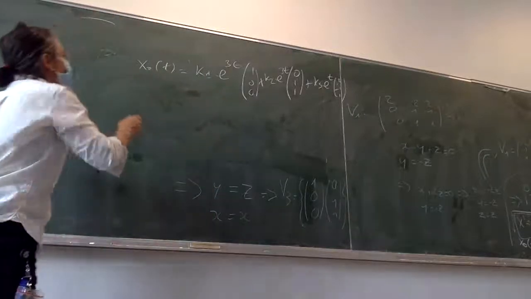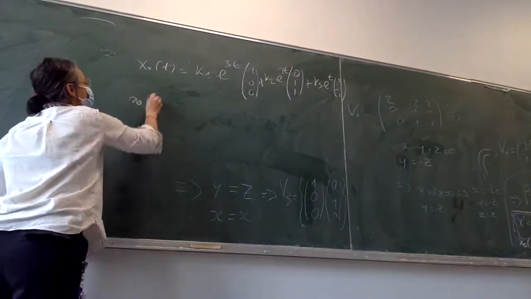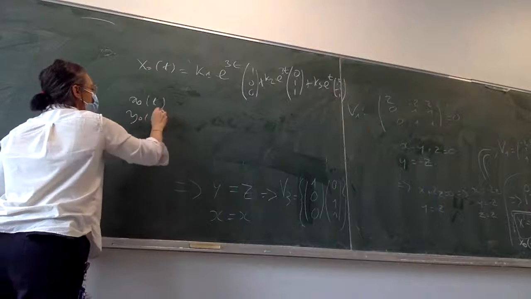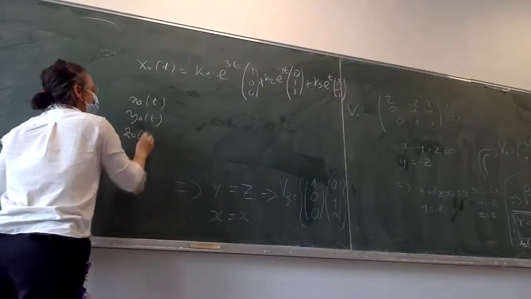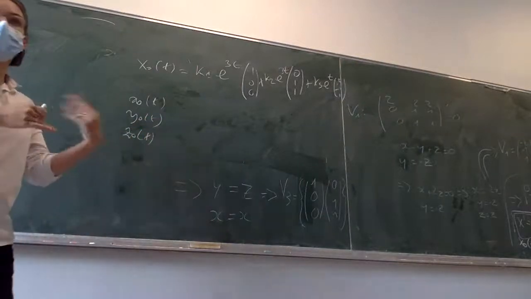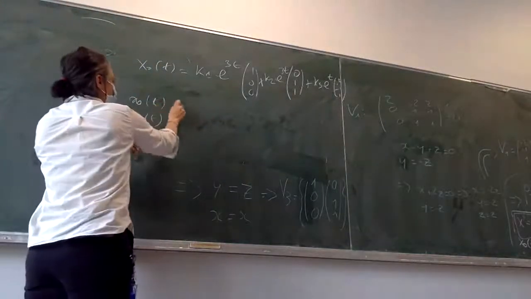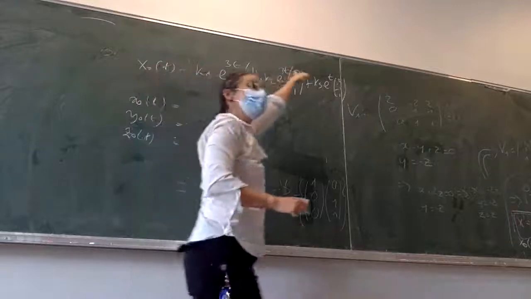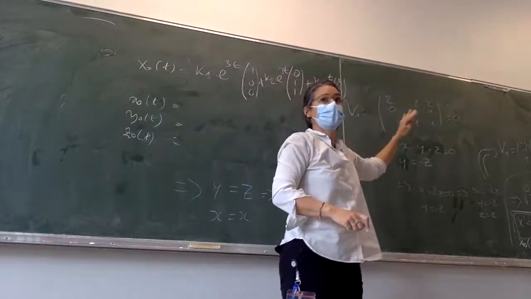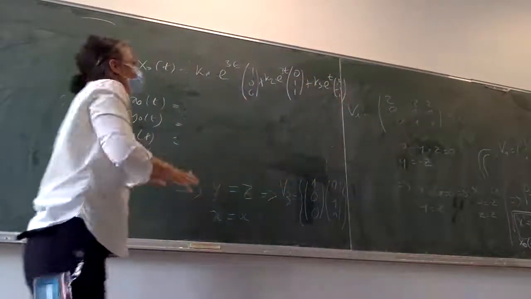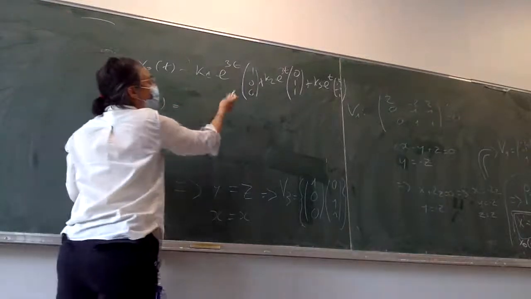What we need to understand, however, is that this corresponds to x0 of t, y0 of t, and z0 of t, the homogeneous part of each of the unknown functions, right? And how do I get them? It's just a matter of reading that system row by row. I'm stating the obvious, but sometimes we need to do that just to remember why we're doing it.